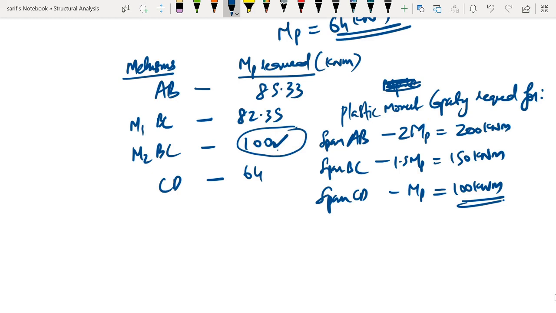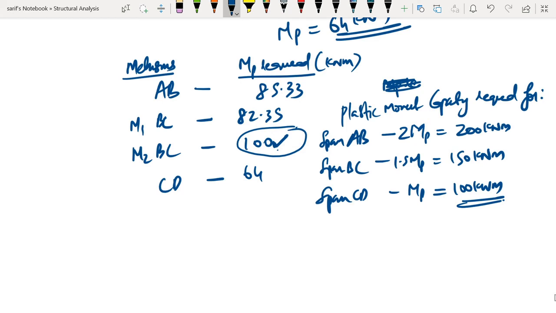So basically what we are trying to do is we are trying to find out the plastic moment capacity that is required to resist the loads safely. And how do we find them out? We consider the mechanism for each of the beam sections, and when considering the mechanisms, the interior supports can be assumed as fixed supports, because they are having partial fixity, and we simply have to analyze individual beams for their plastic moment capacity.